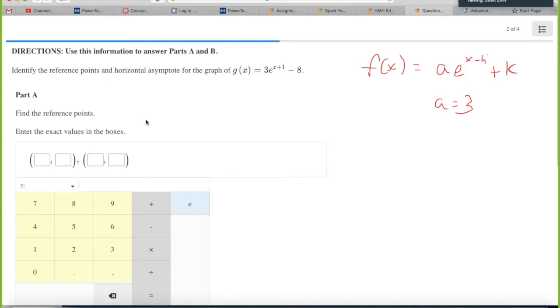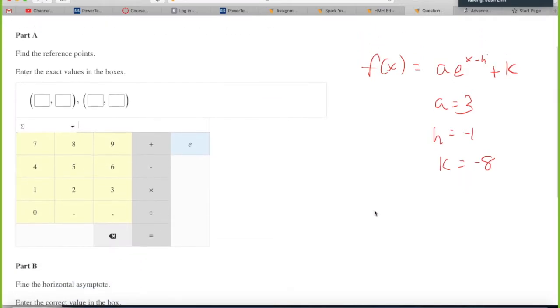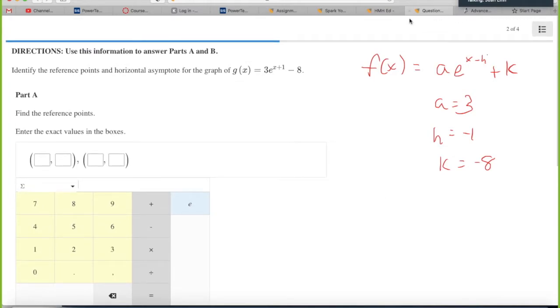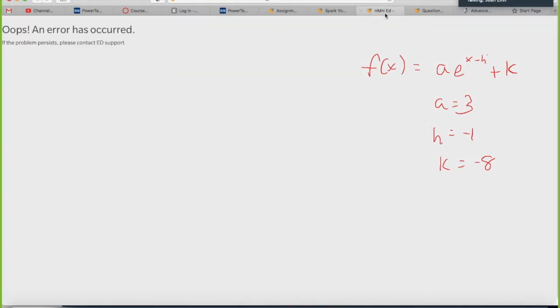Our h is going to be negative 1, because we've got an x minus h, so in order to make that positive we need a negative number in there. And then our k is going to be equal to negative 8.